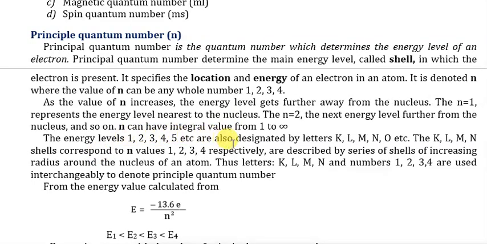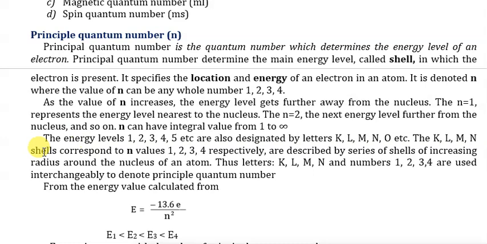are also designated by the letters K, L, M, N, O. As we know, the first energy level is given K, the second energy level is given L, the third energy level is given M, and the fourth is given N. Continuing, they are named alphabetically following these letters.